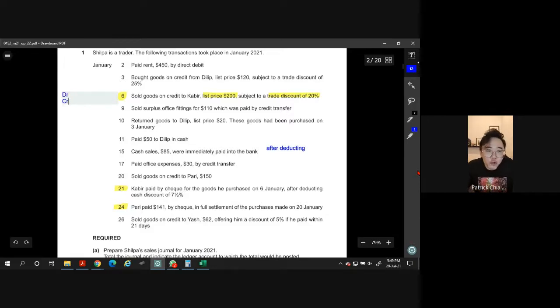So sold goods, we are selling something. So sold goods have to convert to sales. Sales always DR or always CR? CR, right? So CR sales. So how much again? 160. Okay, and what do we debit here? So we didn't get money straight away, right? So we have to put the fullest name, so Kabe. So also 160. All right.